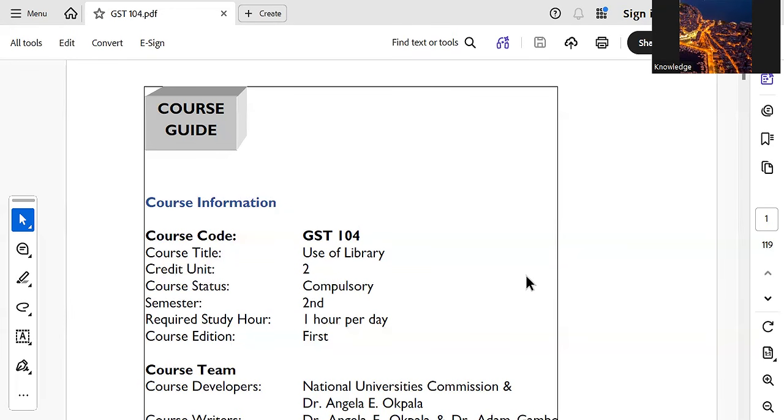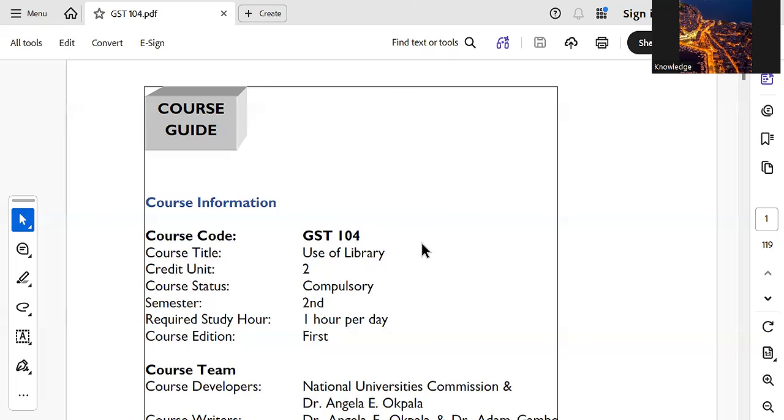This course has been designed to help you appreciate how to use a library, what to expect in a library, how a library looks like, the settings of the library, categories of books we have, the arrangement of those books, the classification of those books, and all library services that are offered in a typical library. That is what the course is all about.